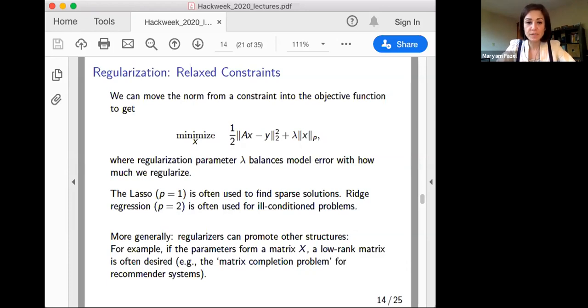An interesting example is in problems called matrix recovery or matrix completion, which arise in many settings, including recommender systems. The parameters form a matrix X that's often desired to be low rank, to have a small rank. And the regularization for this is known as the matrix nuclear norm. We won't have time to go into this, but this is an example of another type of regularization.